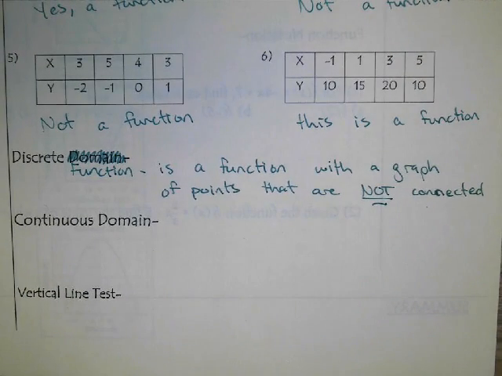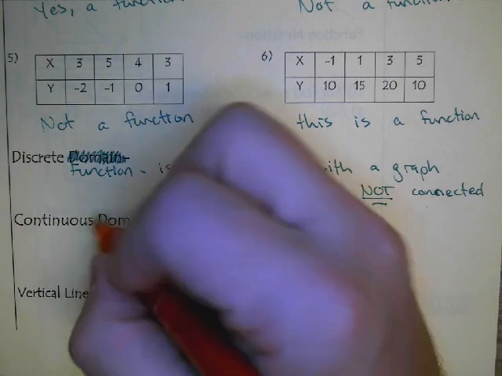So that would just be like scattered points. Remember, not repeating the x value. So if I just have scattered points all over the graph, then we can say that that is a discrete function.